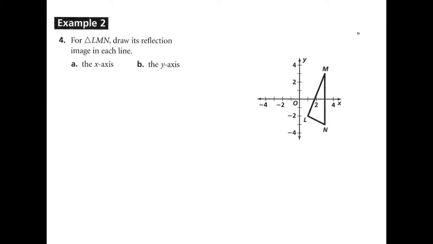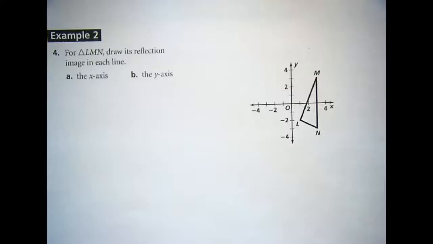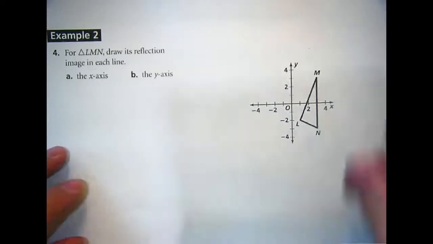For that triangle, draw its reflection in each line across the x-axis and y-axis. So this is where your plastic and pen are going to come into play. So everyone find those things. Okay, so everyone has a pen that works.